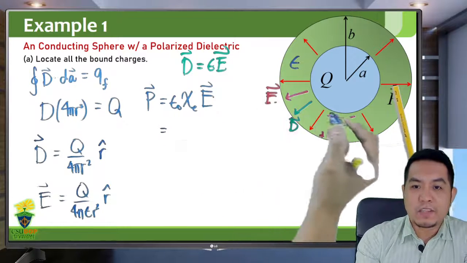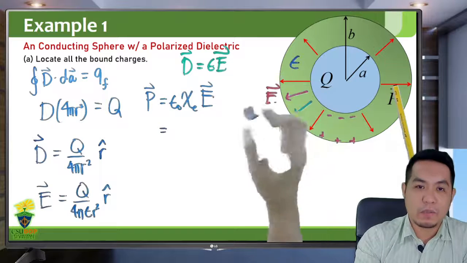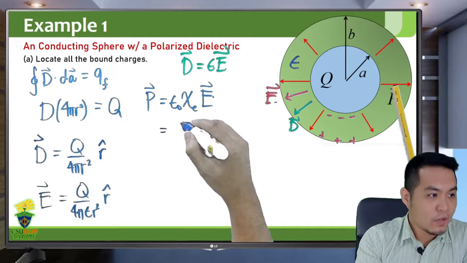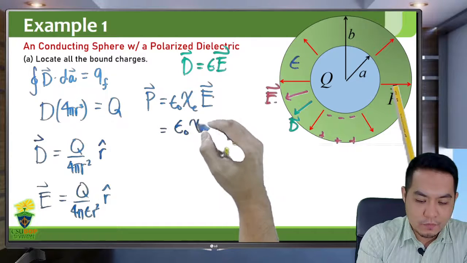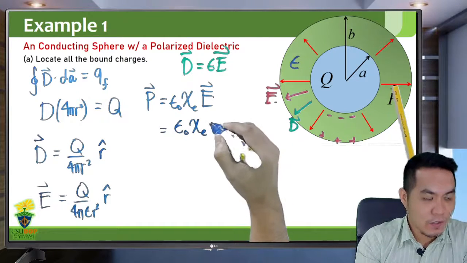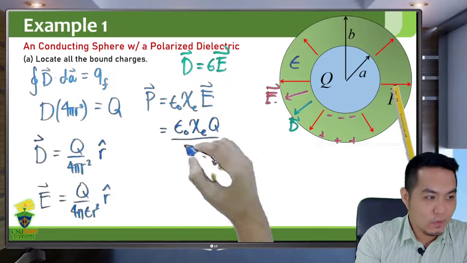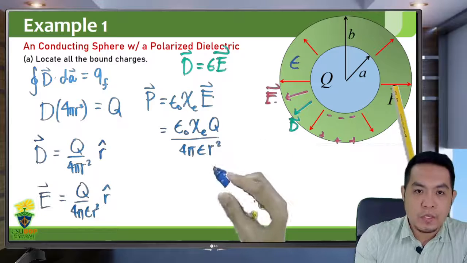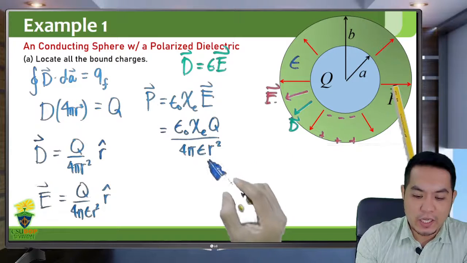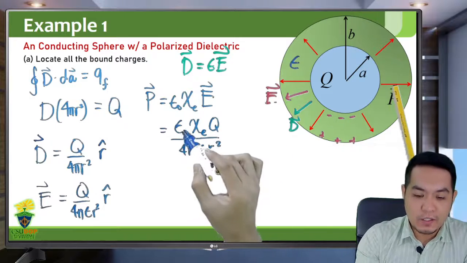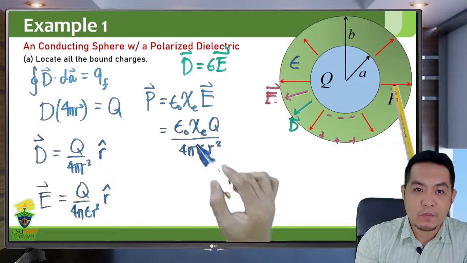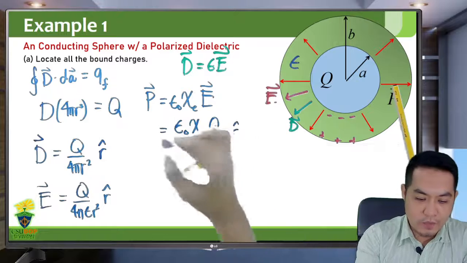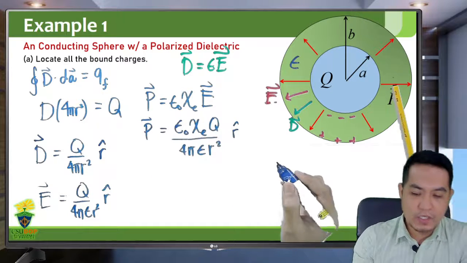But since we are not given the dielectric constant, we are given the permittivity, we will not convert that ratio. We will have epsilon naught chi Q over 4 pi epsilon r squared. If instead you are given the dielectric constant K, then you can convert the factor epsilon naught over epsilon as 1 over K, r hat. So this is the polarization now.